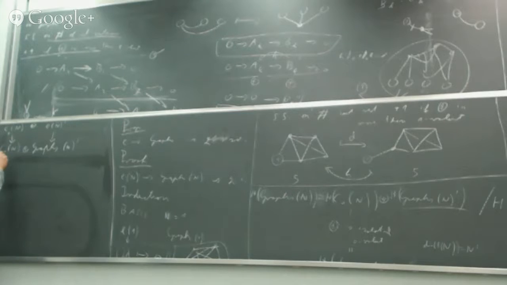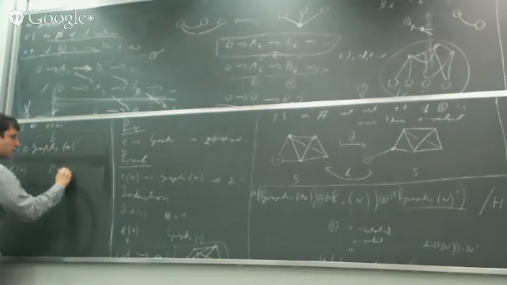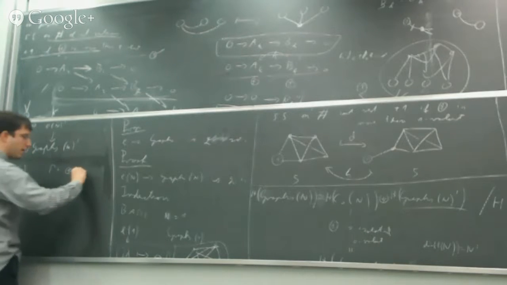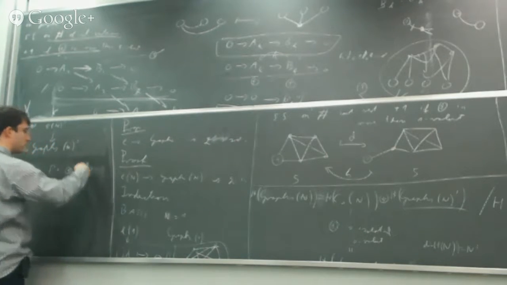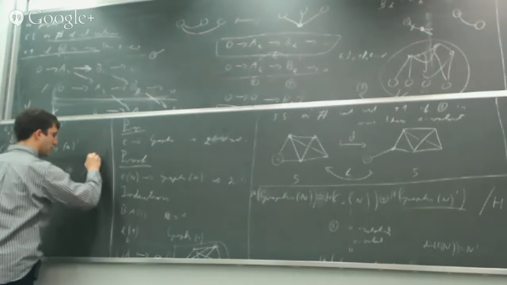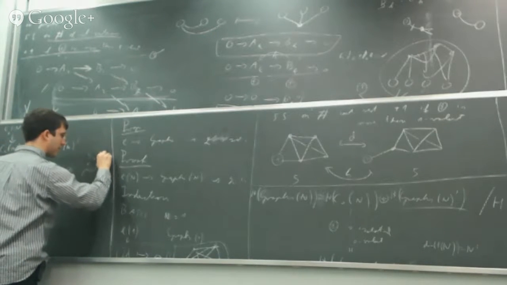Okay, and I have the first part. I have a gamma graph in C0n. What does it mean? It means that gamma is equal to vertex 1 and gamma prime, which is in graphs n-1.